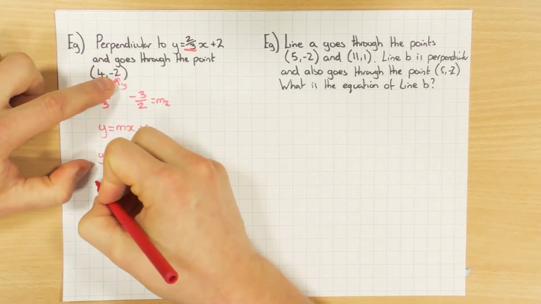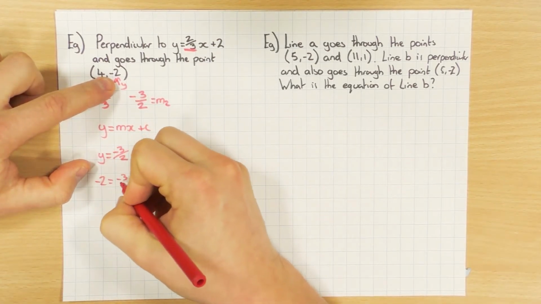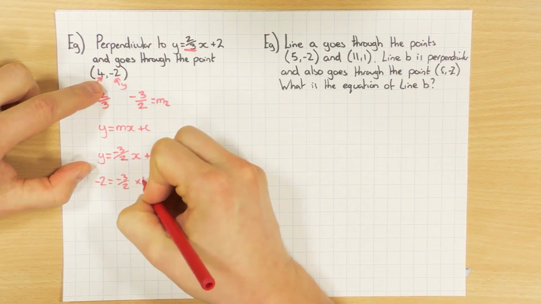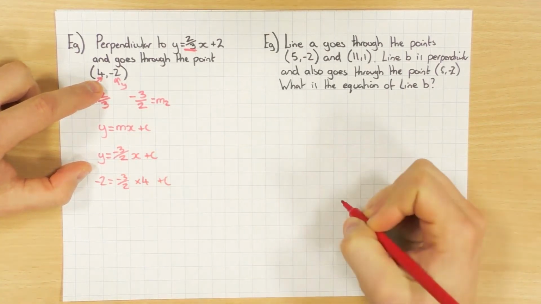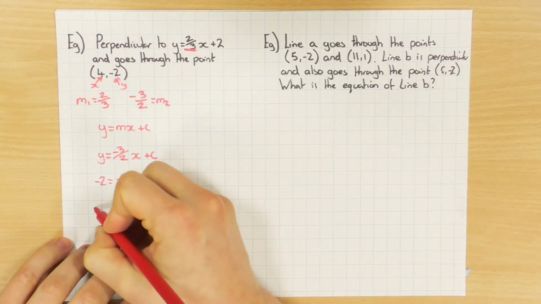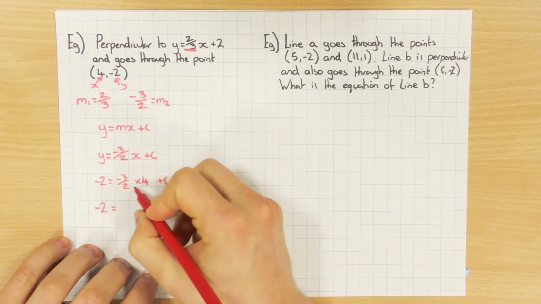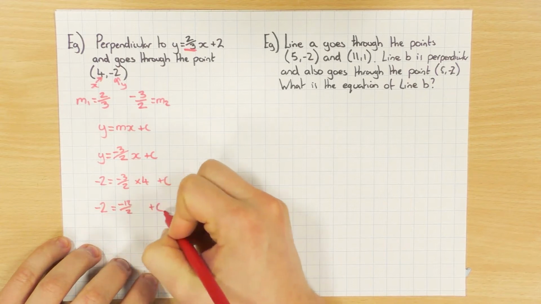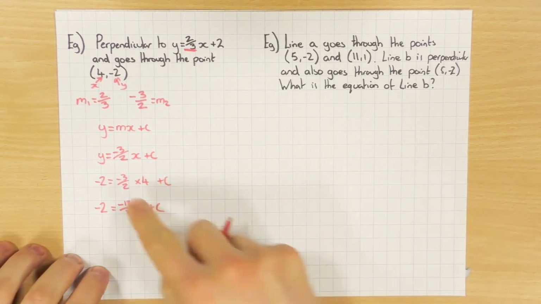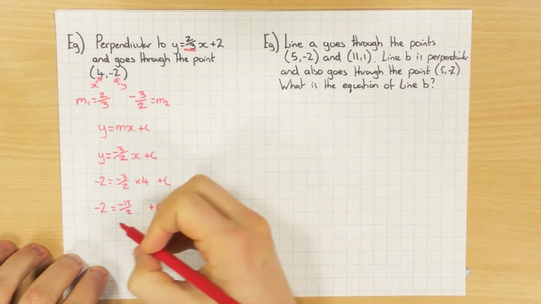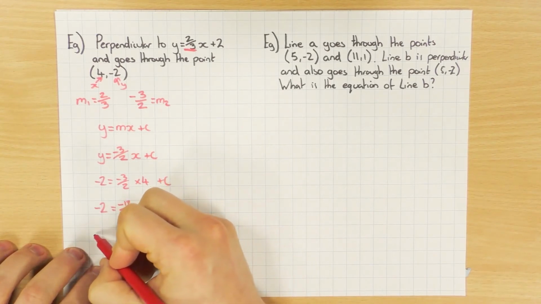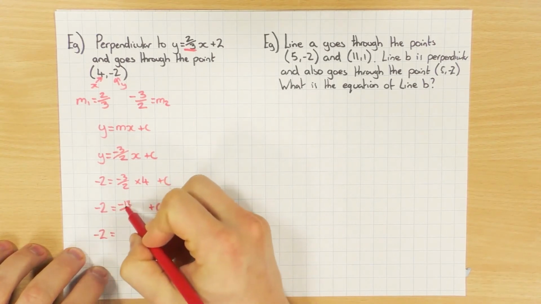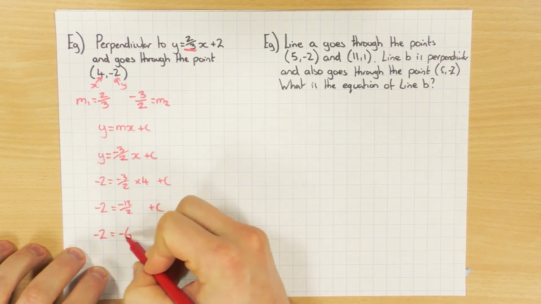So y is minus 2 equals minus 3 over 2 times 4 plus c. Okay, a bit of tidying up. Minus 3 over 2 times 4 would just be minus 12 over 2 plus c. If you're unsure about these, look at my multiplying fractions videos. And again, a little bit of tidying up. Minus 12 divided by 2 is minus 6.